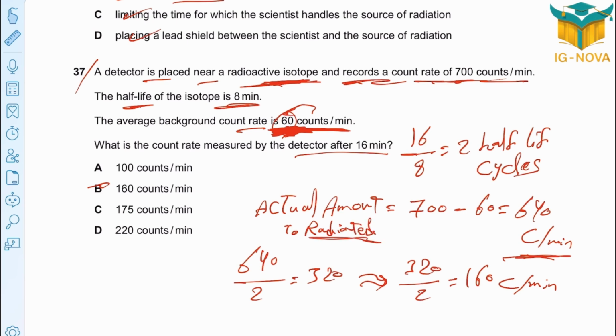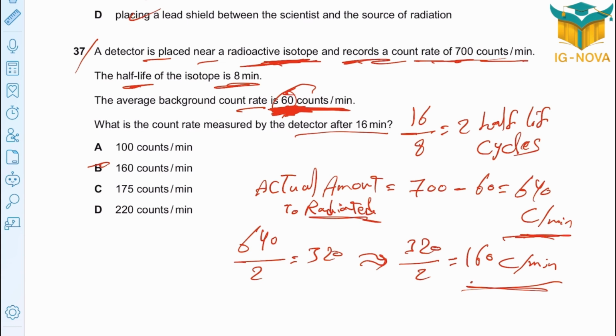So this one is 160. You must add 60 again. So it's 220. The right option is D. Easy and simple technique, but you need to focus on solving a question like that.